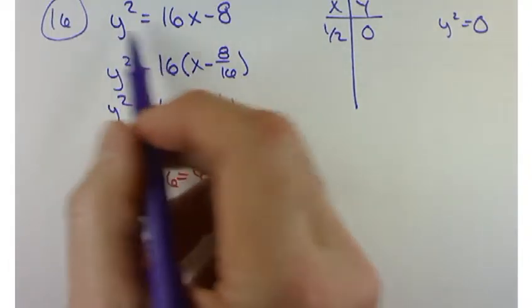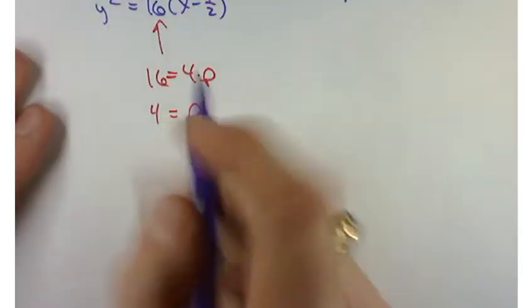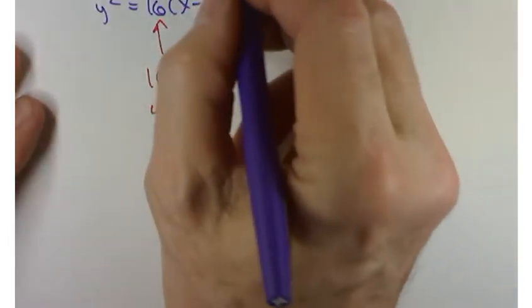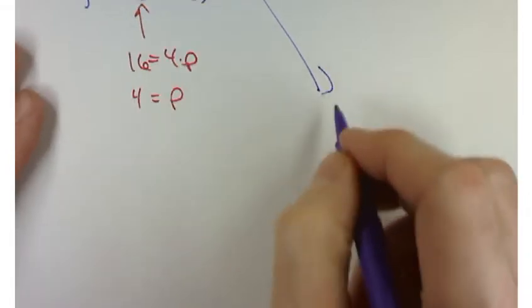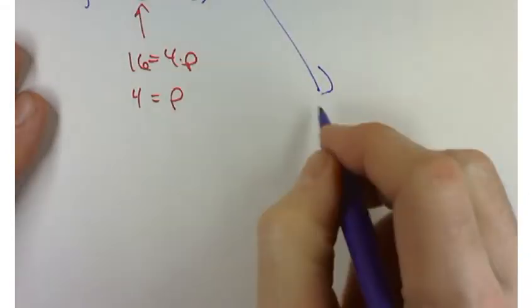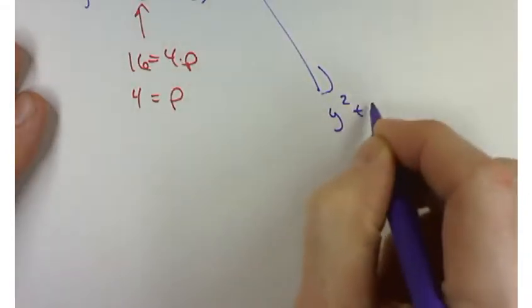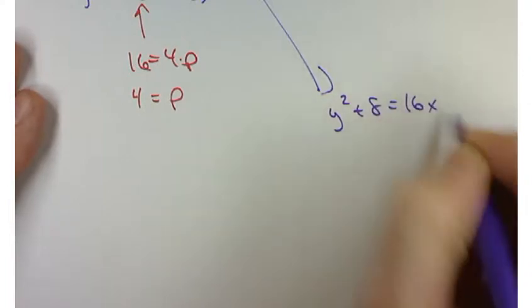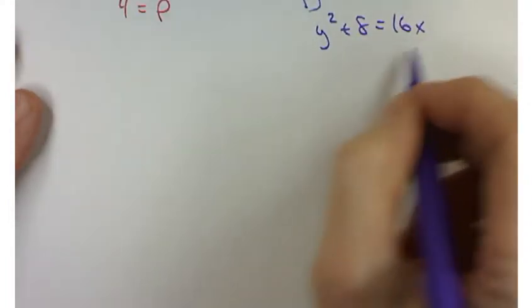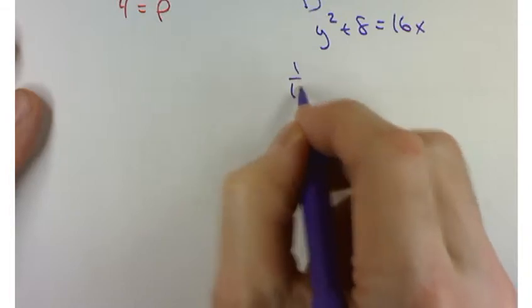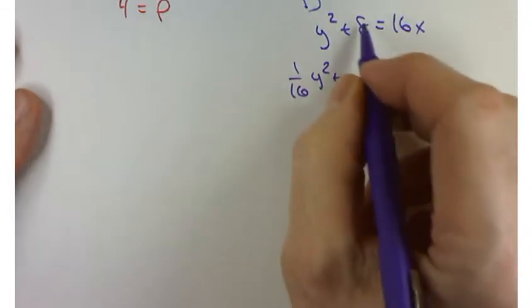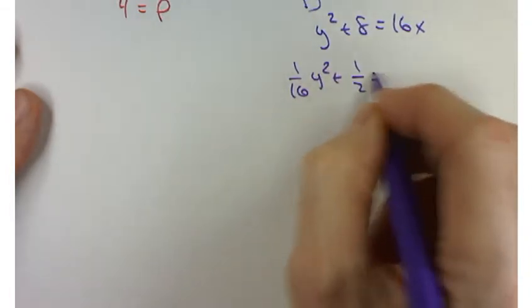I mean, you could with the square root. Let's just do it this way. I'm going to move the 8 to the other side. You have y squared plus 8 equals 16x. And then divide everything through by 16, so it's going to be 1/16 y squared. 8 divided by 16 is 1/2 equals x.